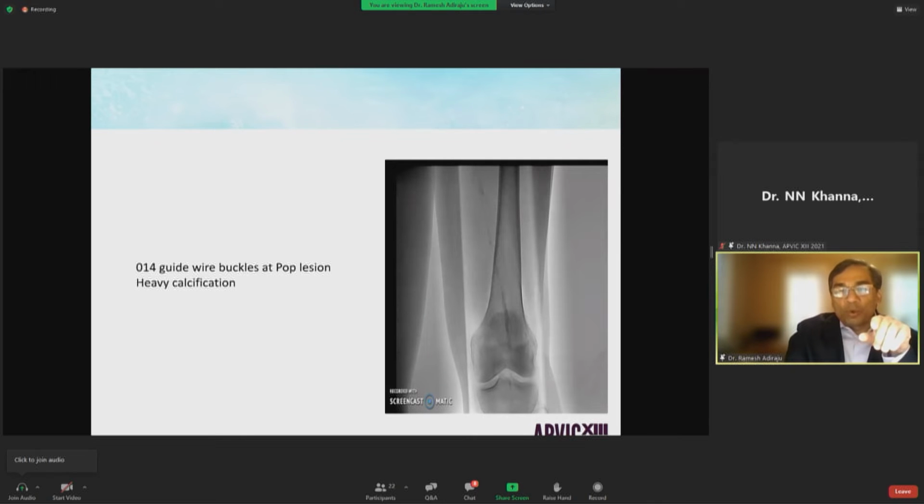This is an 014 guide wire that buckles there, which is how severe the stenosis is. This is the kind of vessel where atherectomy could be difficult for device delivery.